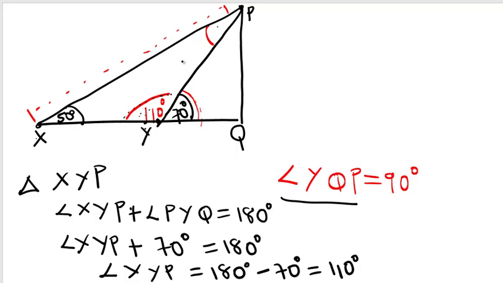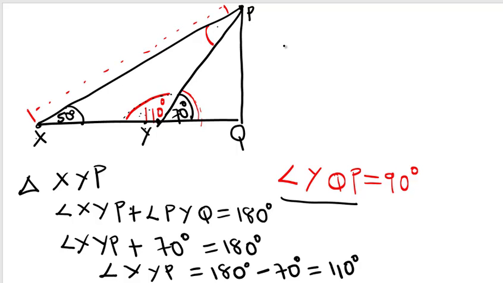So we're considering triangle XYP. We know this angle is 50 degrees plus 110 degrees plus what we have here is supposed to give us 180 degrees. So let's write that algebraically.